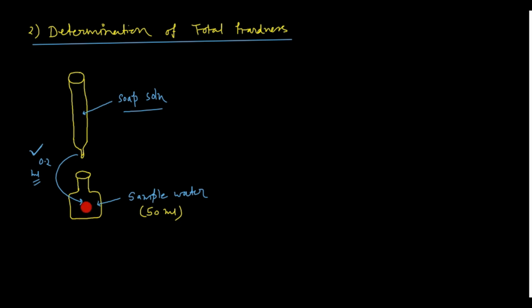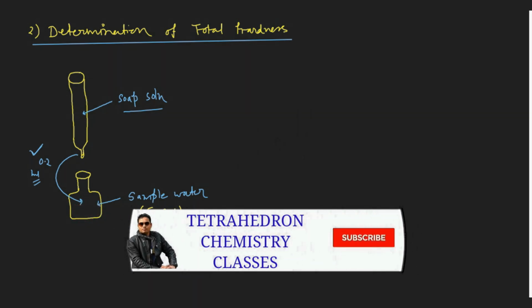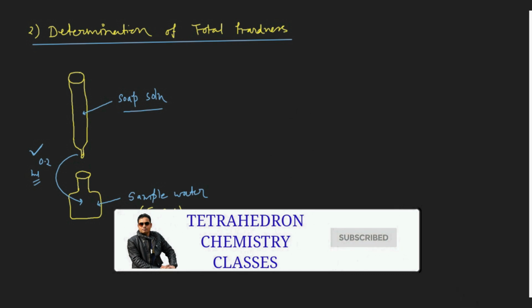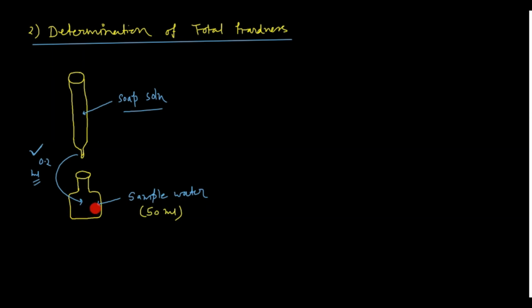Once I observe the formation of the lather, then I'll slowly add this soap solution drop wise to the same bottle and shake the reaction mixture well, and I'll end this procedure of determination of the soap solution volume when my lather, which is formed in the bottle, persists at least for 2 minutes.